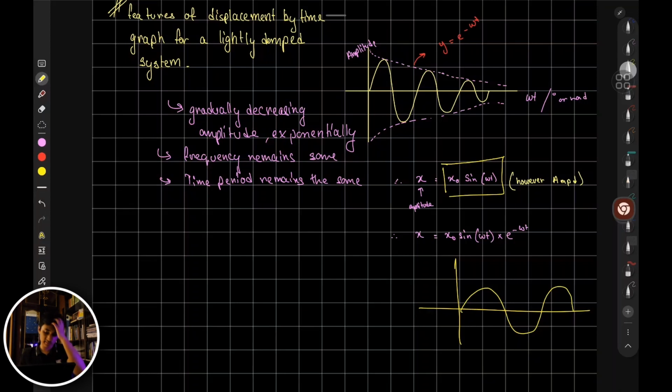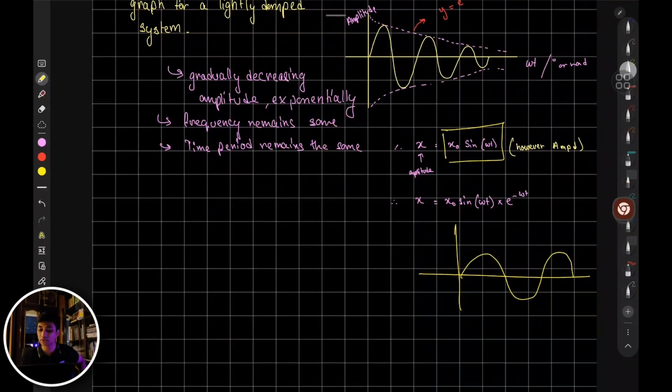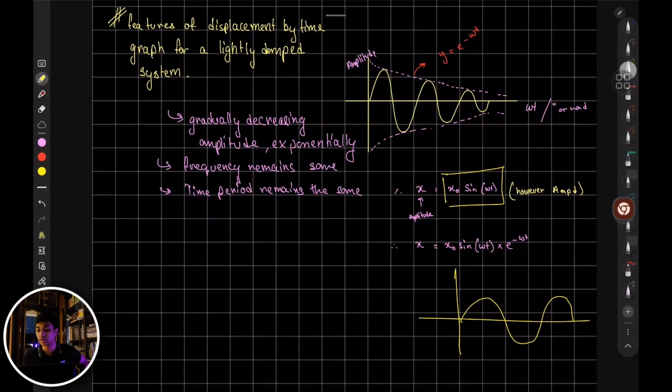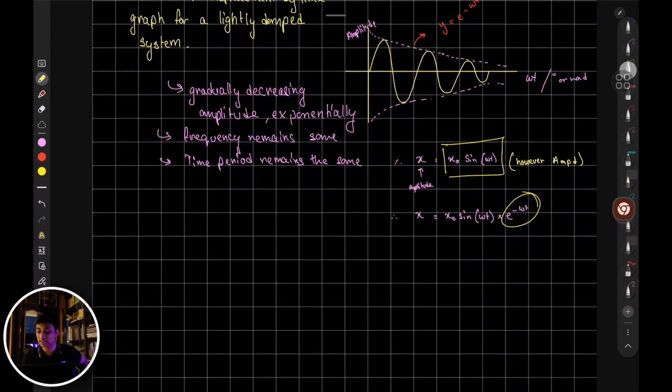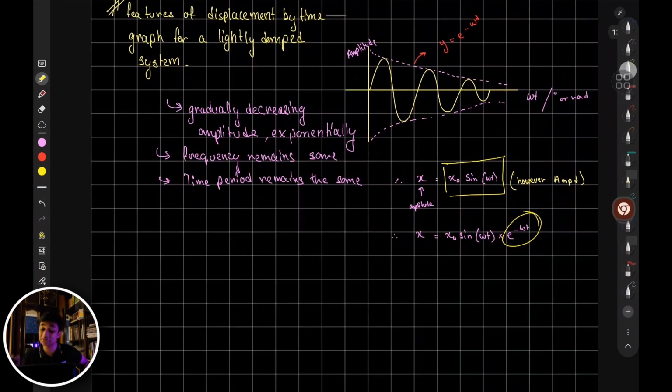So in this case, it's very simple. There is no damping. If you plug in the value of omega t, you're going to get the amplitude. But what if there is damping? You basically introduce e to the power of minus omega t over here, and you're going to have a decreasing x value at every preceding instance.